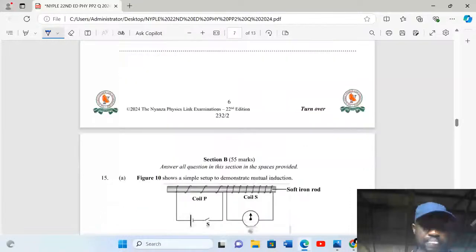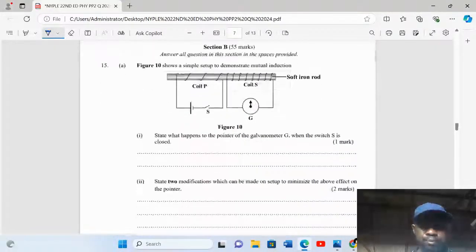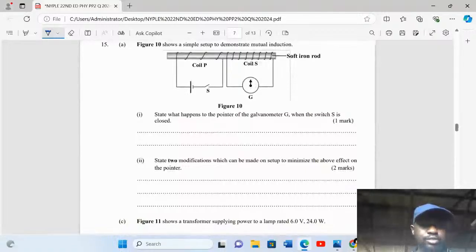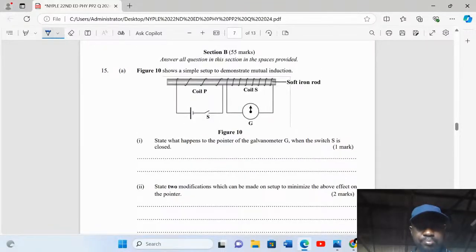Question 15. You're having coil P and coil S on a soft iron rod. Coil P has fewer turns compared to coil S. Then you're told to state what happens to the galvanometer when the switch S is closed.